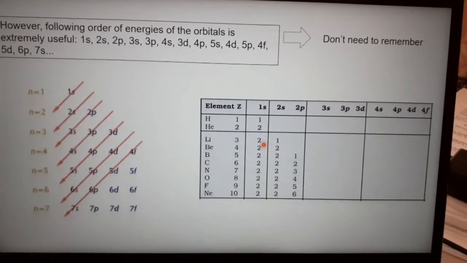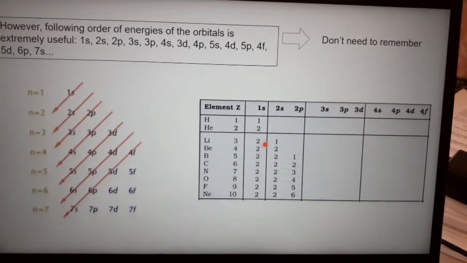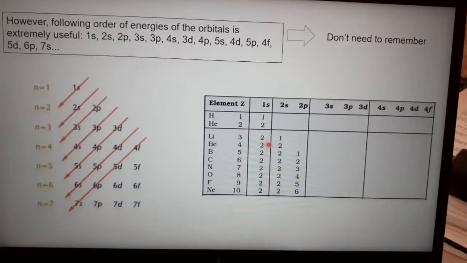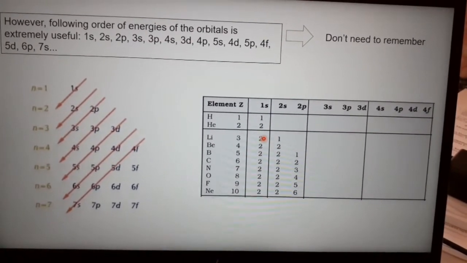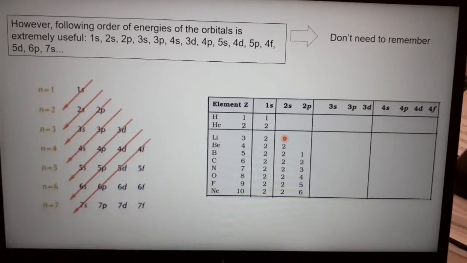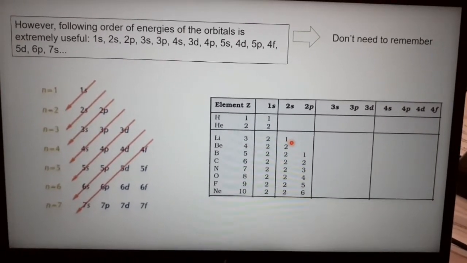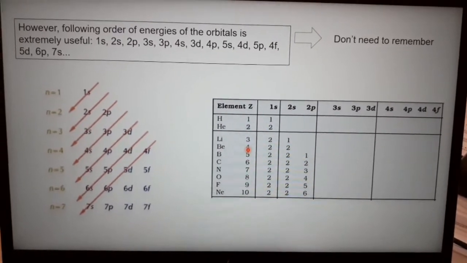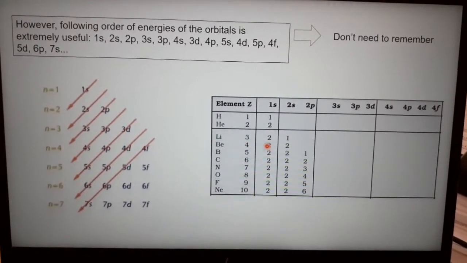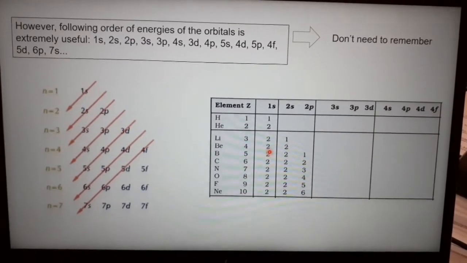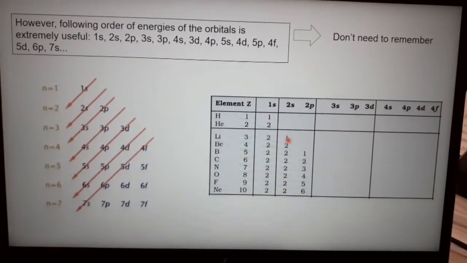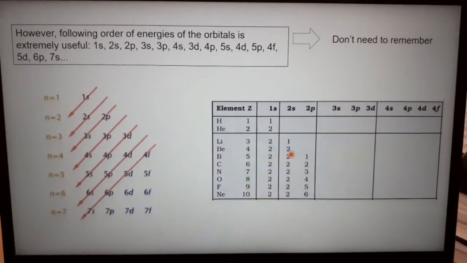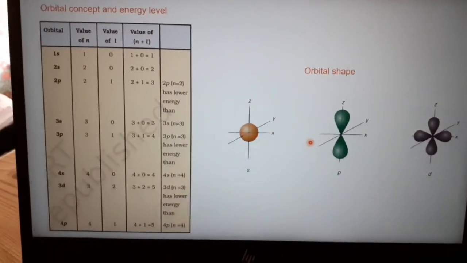Then no more accommodation can be provided by the 1s orbital, because 1s can hold a maximum of 2 electrons. So 1 electron will move to another orbital, which is 2s. Next, beryllium, with atomic number 4 and 4 electrons, has 2 electrons in 1s, and the next 2 electrons are placed in the 2s orbital. Now you have a brief idea of how to fill up.